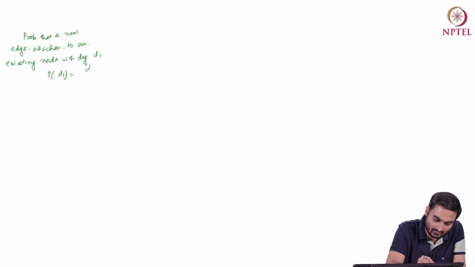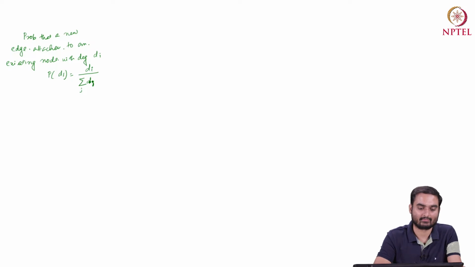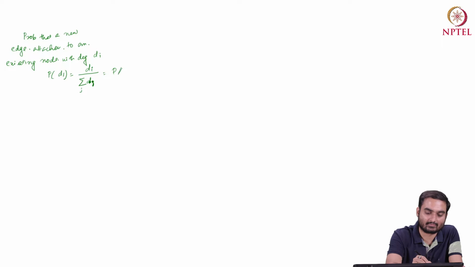As I mentioned, this is based on the current degree, and we normalize by all the degrees because this is a probability. This is called preferential attachment.